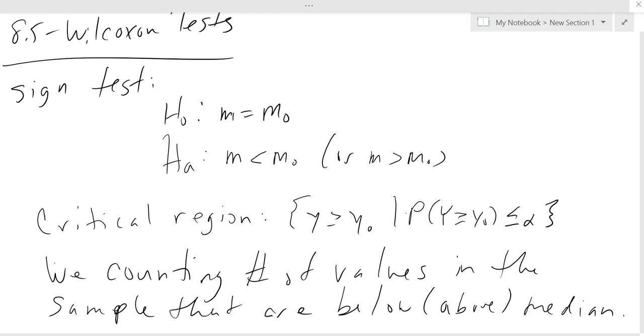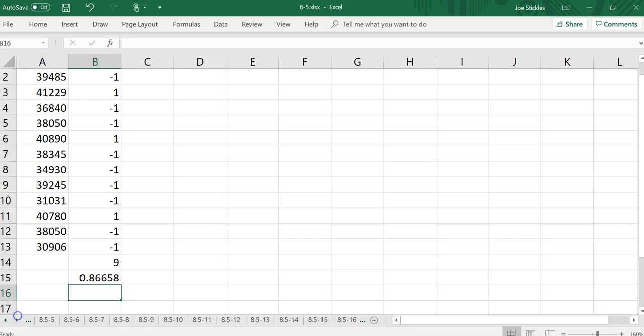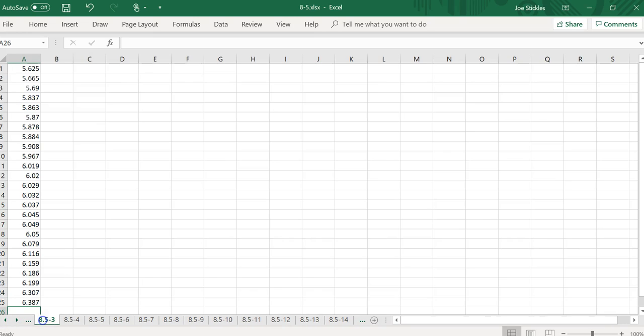Okay. So to do another one that involves the sign test, I believe 8.5-3 also asks you to do something with the sign test. It's part A. So let's flip over to 8.5-3. We want to test whether the median is bigger than 5.9. Now, in this case, they gave you the sample ordered. In the previous one, it wasn't ordered.